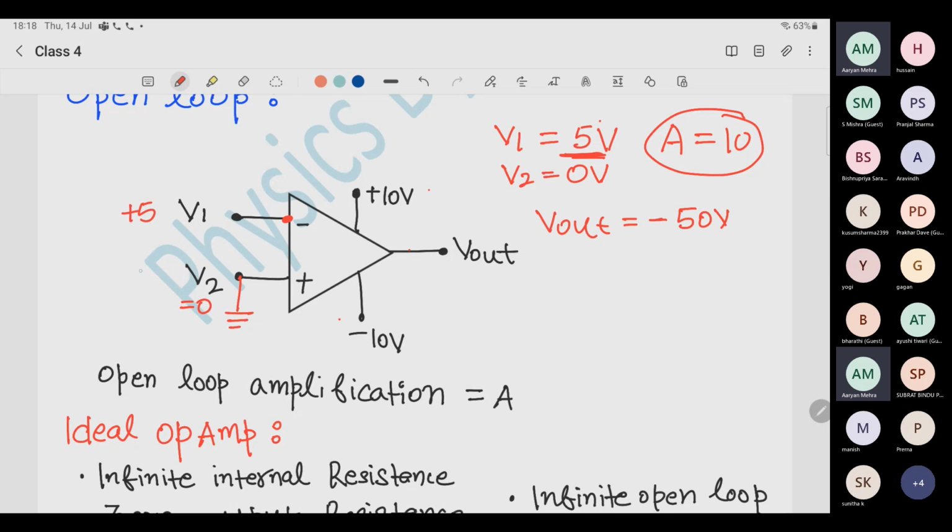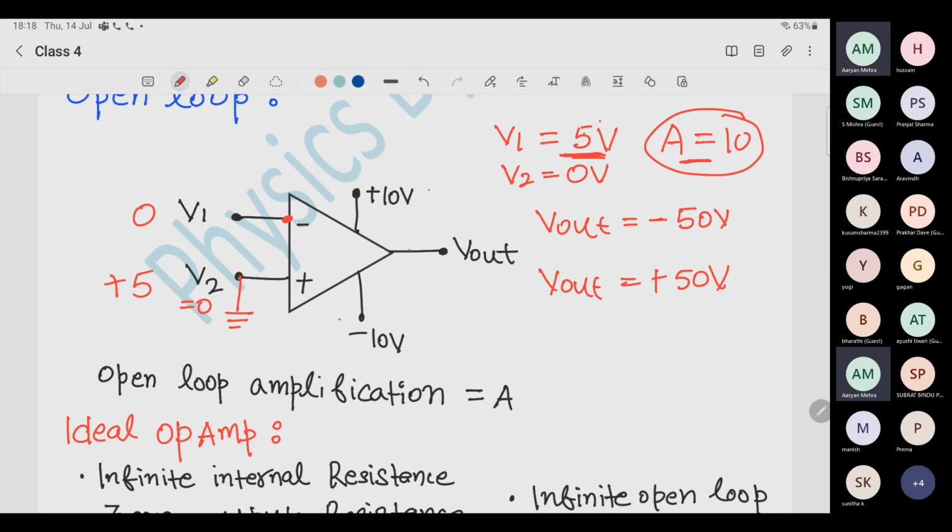One is plus 5 and one is 0. But since it was connected to the inverting terminal, inverting means reverse it, then your output will be minus 50 volt. Because amplification is 10, 50 should be the magnitude and the minus sign is coming because of this inverting. Now coming to the second case, I am putting this 0 and this as plus 5. So now your output will be plus 50.